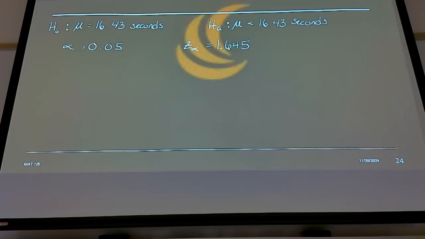That is 90%. Right, that would be if it was a 90% confidence interval. We're not doing confidence intervals, we're doing hypothesis testing, and it's a one-tailed test, so it's not alpha over 2, it's alpha.